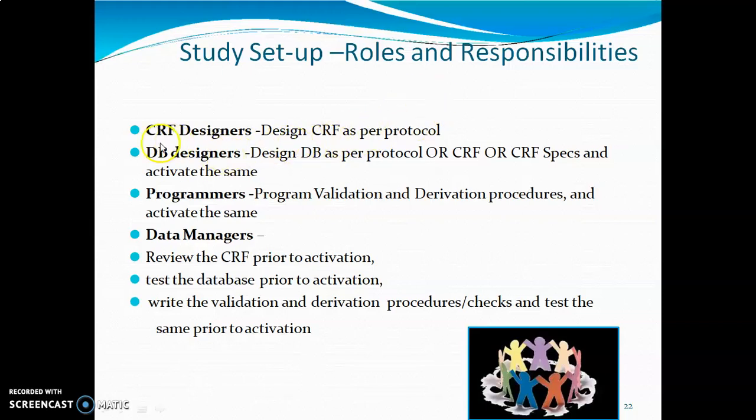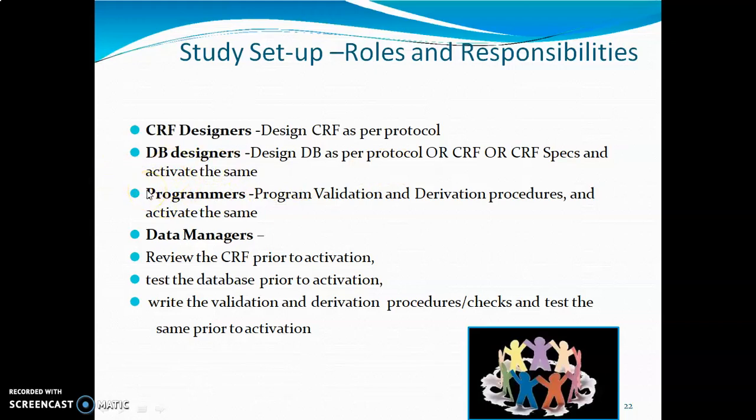Now CRF designers will design the case report forms as per the protocol requirement, and there will be database designers as well. They are going to design the database as per the protocol or case report forms and activate it, because nowadays software is also involved.